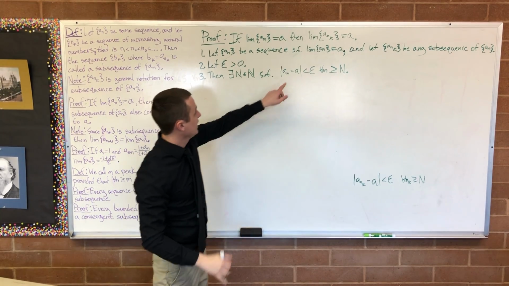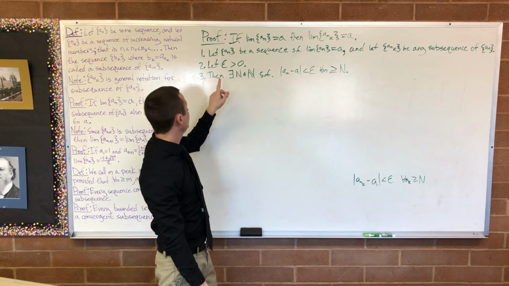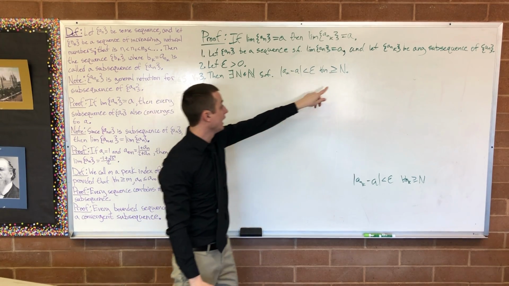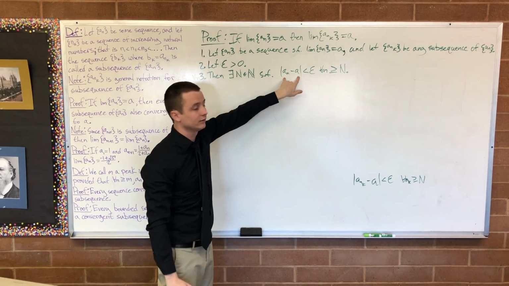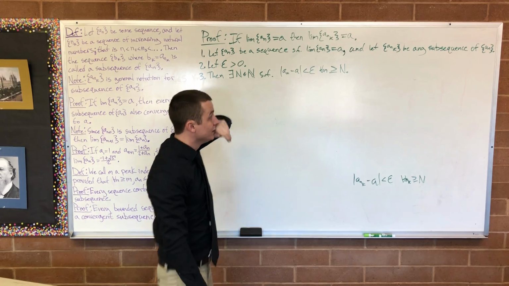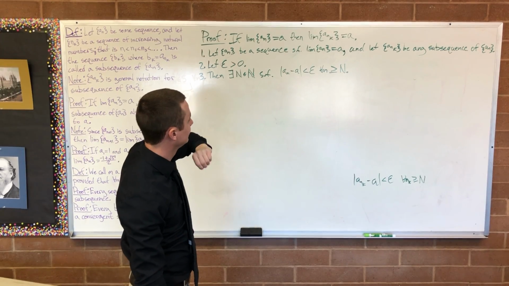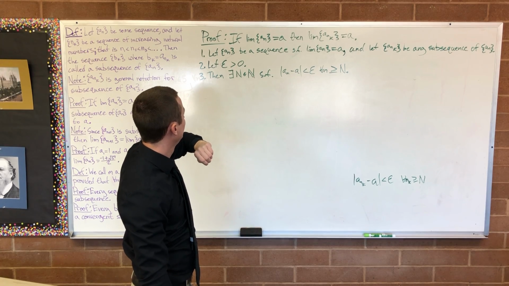Since I know that a sub n converges to a already, then for any epsilon I pick, there has to be an index such that from that index onwards, this is true. Right? Let's see how I want to say this next part.